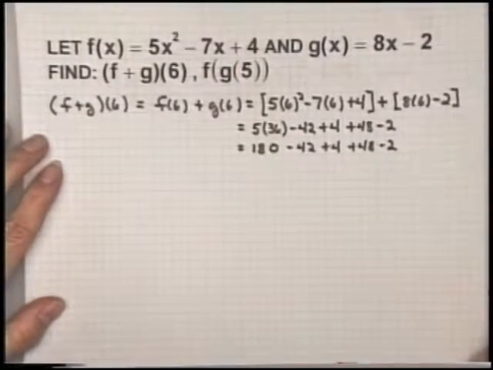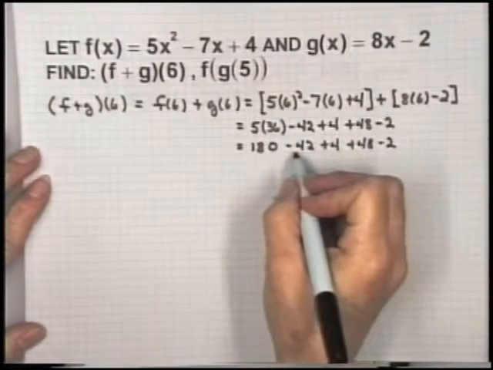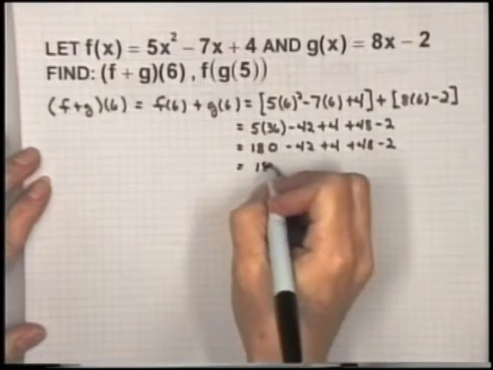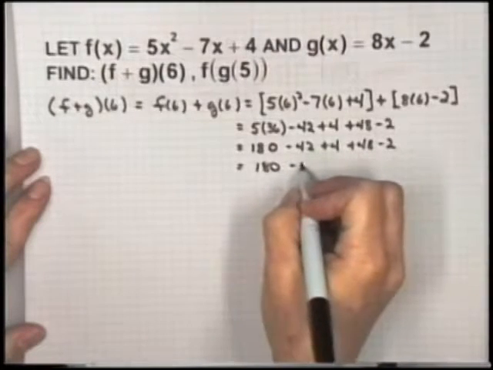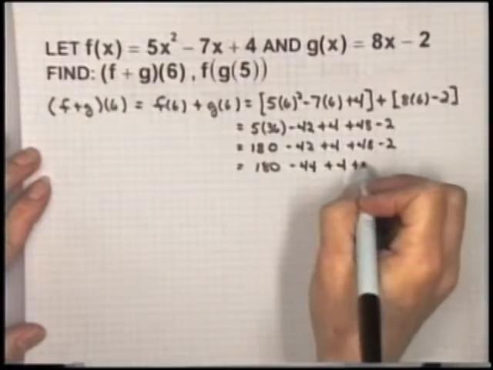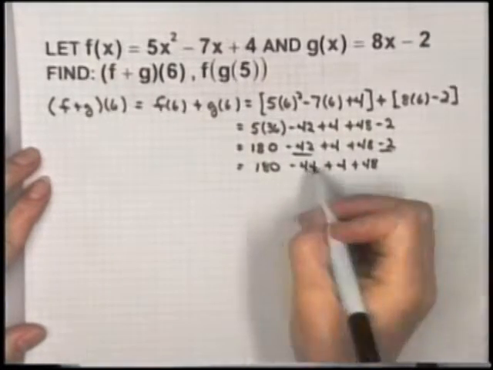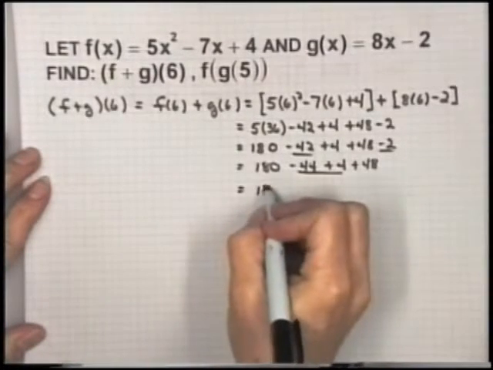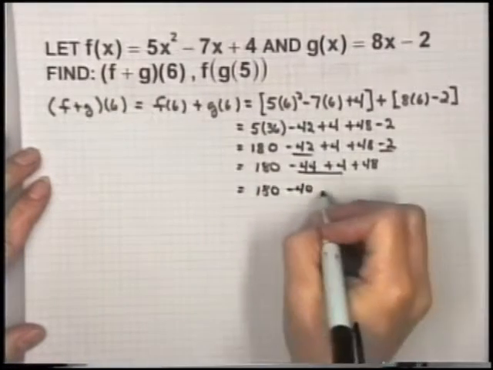That looks like a lot of arithmetic, doesn't it? Well, let's see what we might do here. I noticed that I have a couple of negatives here. I think I'm going to put those together. I have 180. Minus 42 minus 2 is a minus 44. Plus 4 plus 48. I'm kind of doing this so it'll be easy. Now, if I do these, I have 180 minus 44 plus 4 is a minus 40.